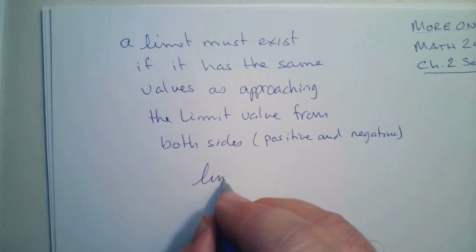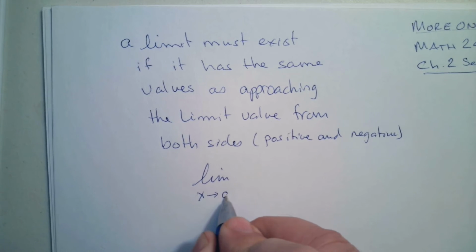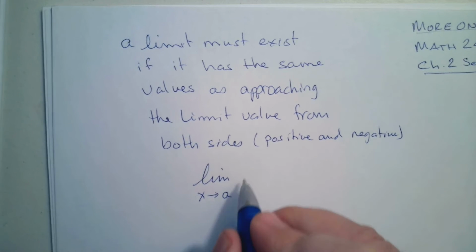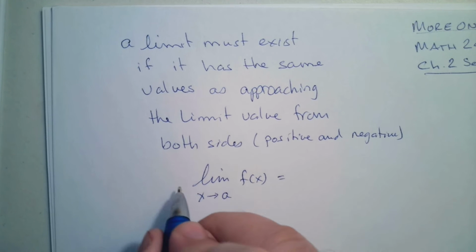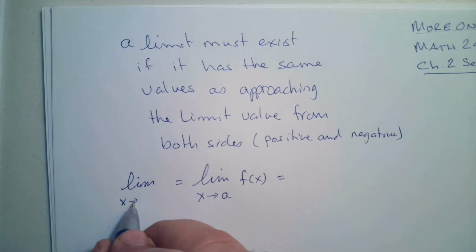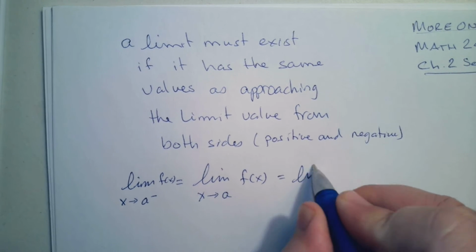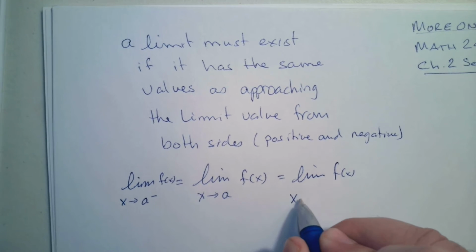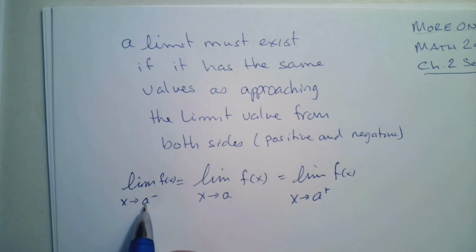So for a limit of a function to exist, it has to have the same values if you approach the limit value from the negative and from the positive side. Alright, so that's very important.